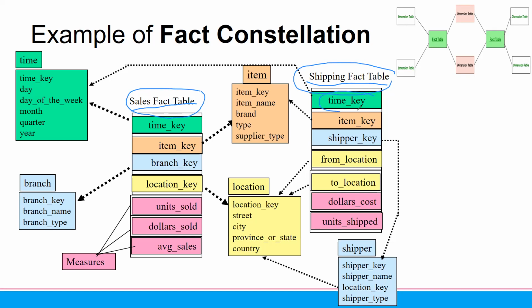Some of the keys are the same, like time and item, but now we have shipper instead of brand. And then we have the location, and the location has more items, like from location to location. The measures are still the same.